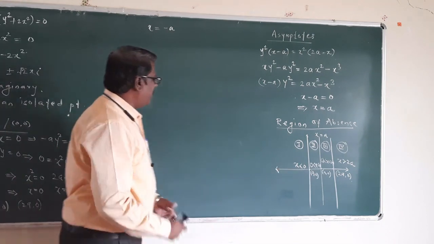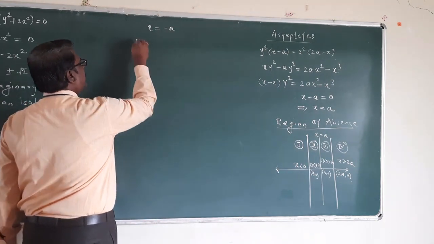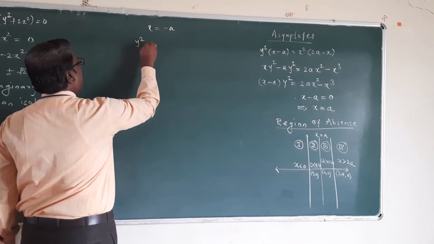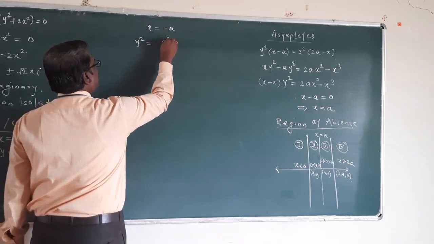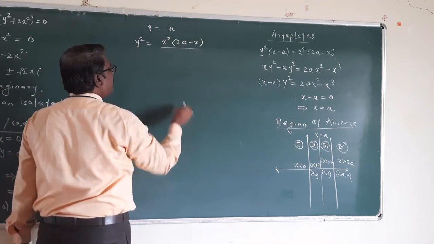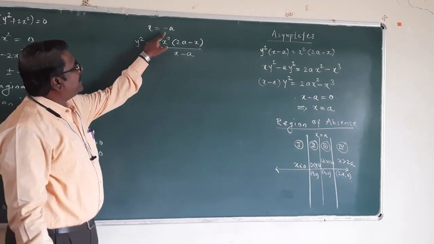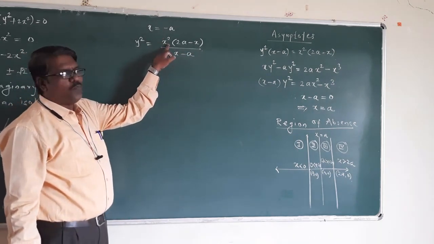According to the given equation, what is the value of y square? The value of y square is x square into 2a minus x divided by x minus a. So when x is minus a, this is positive.